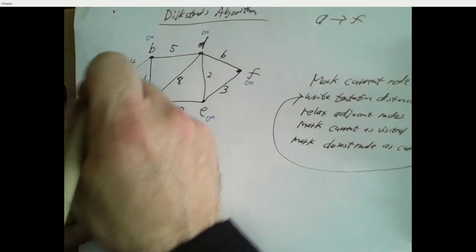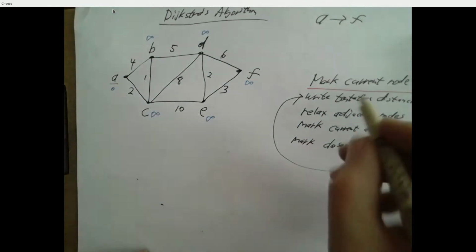So our initial tentative distance everywhere is infinity. And hopefully we're going to do better than that. Okay, our initial distance to A is 0 because that's where we're starting from. Okay, so we mark the current node. That means I'm underlining it in red. I'm going to do tentative distances in blue.